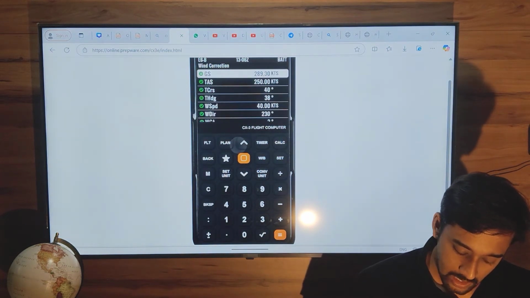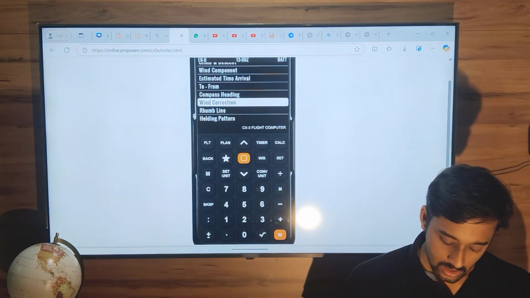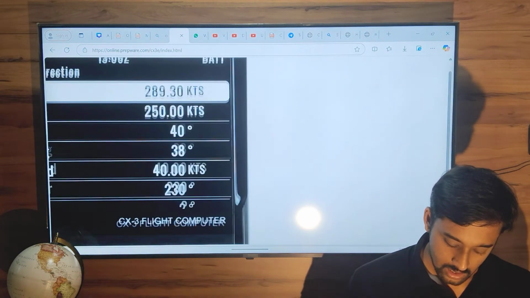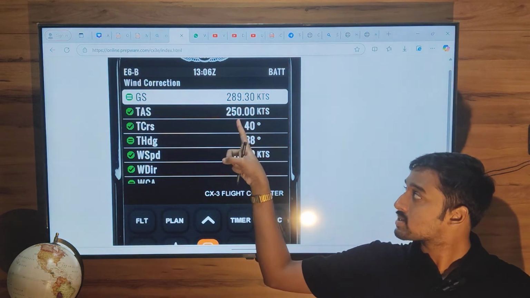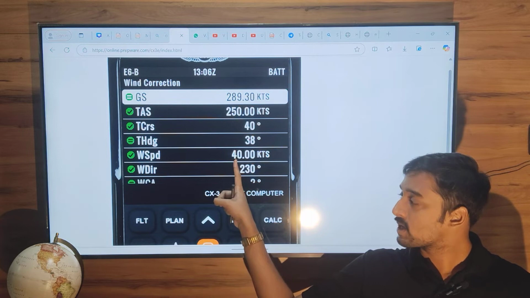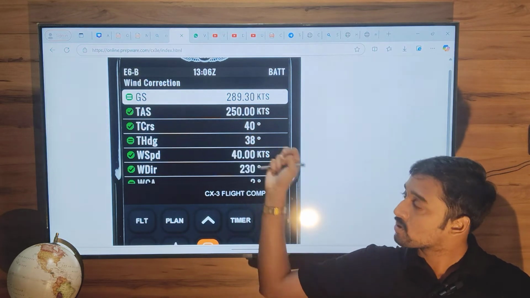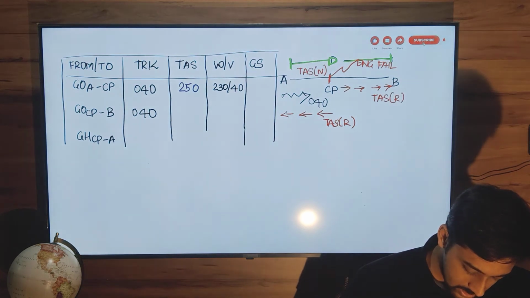So your ground speed will be 289.3 knots. So 250 TAS, course 040, 230 at 40 knots of wind. So ground speed is 289.